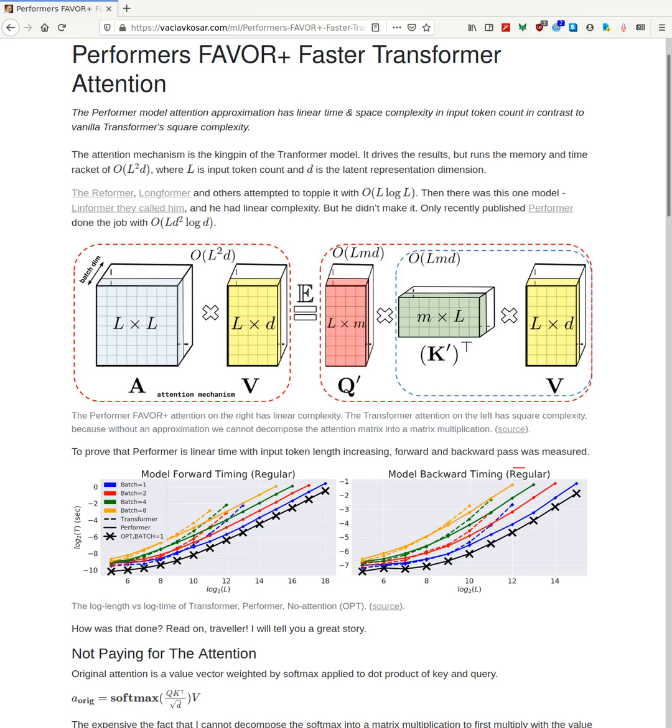There was one model, Linformer, which had linear complexity, but it didn't quite make it. The approximation is still not as good. But this new model, Performer, seems to be almost as good in terms of perplexity as a transformer, but is still linear in the sequence length.